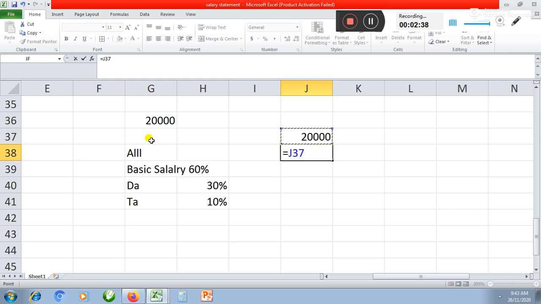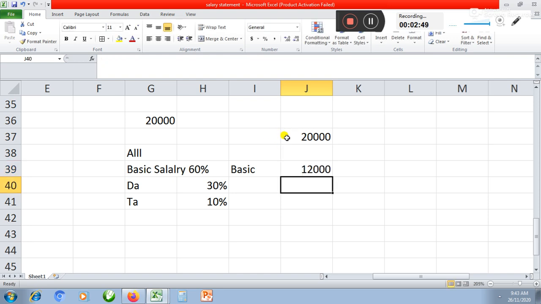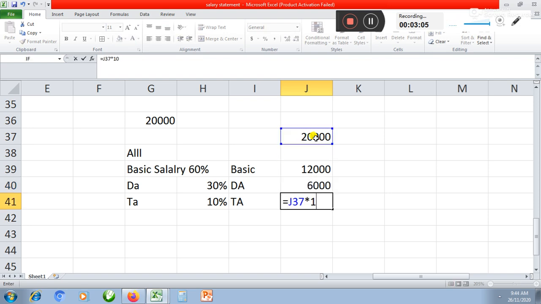See, I'll calculate basic salary first. Basic salary is 60% of this. Okay, DA is 30% of this. Traveling allowances is 10%.